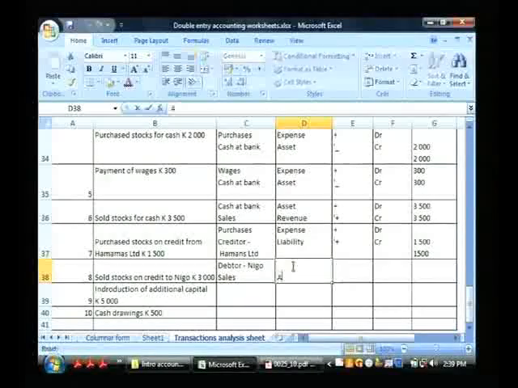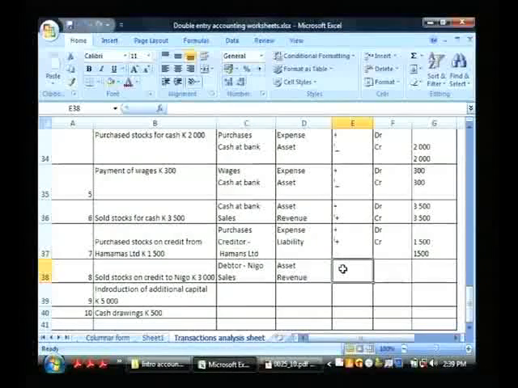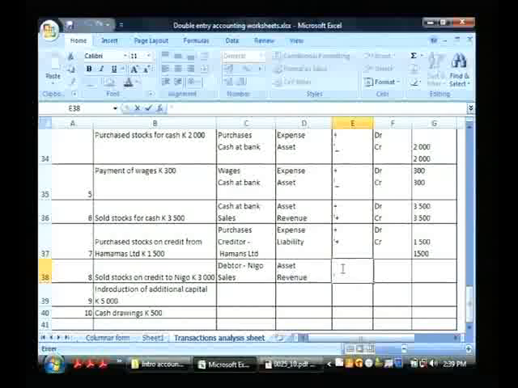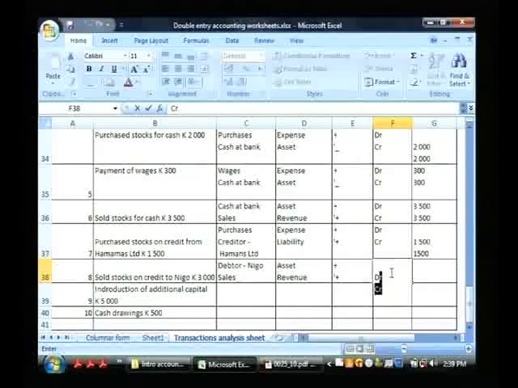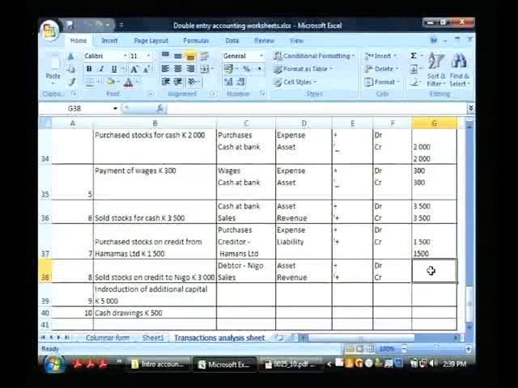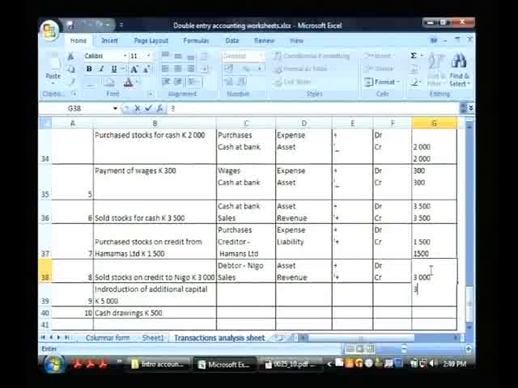Debtor, an asset, sales, revenue. Increase of asset and increase of revenue. Increase of asset, debit, increase of revenue, credit. Amount is 3,000, 3,000 credit.